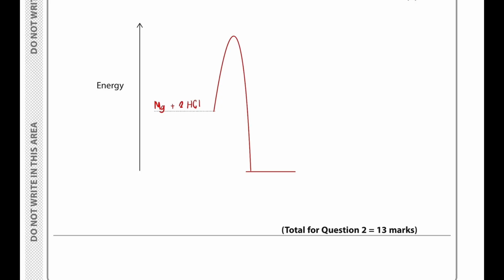And then this is magnesium chloride plus hydrogen. The activation energy will be here. And enthalpy change will be here. That's it.